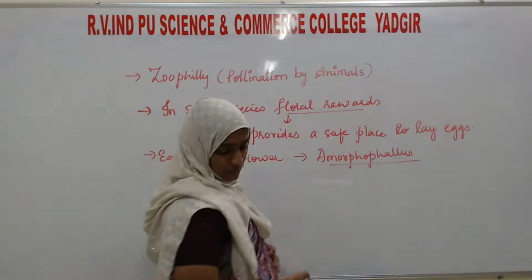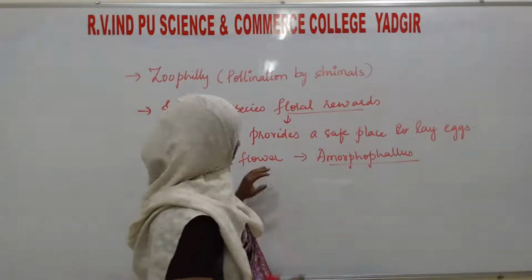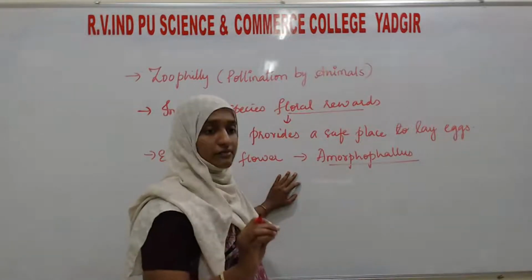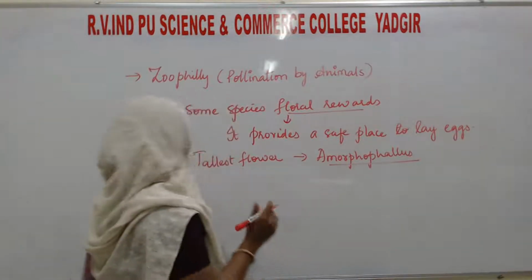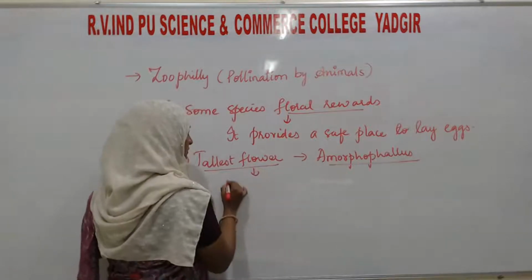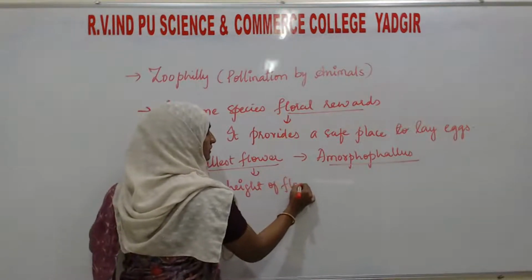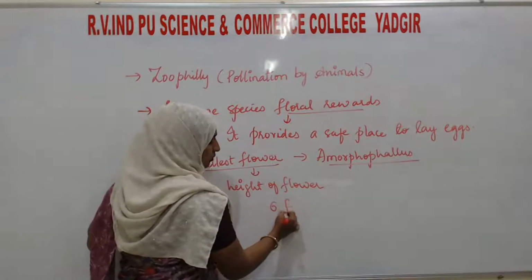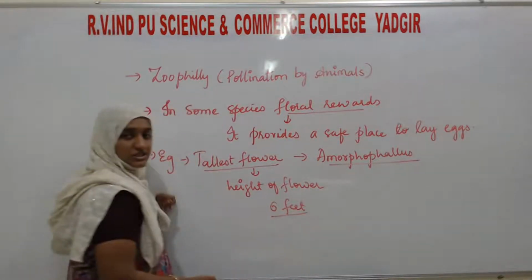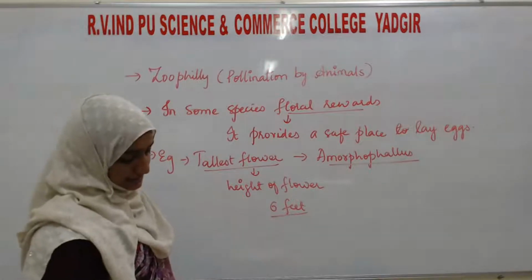This is the name of one of the tallest flowers. Sorry, not a plant, only the flower. Here, the height of the flower is 6 feet. Only of the flower, how much is it? It is 6 feet.